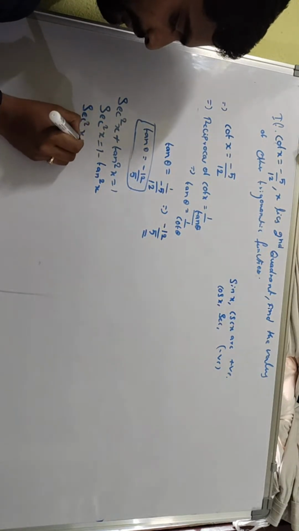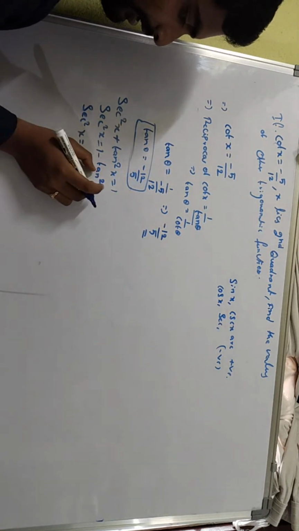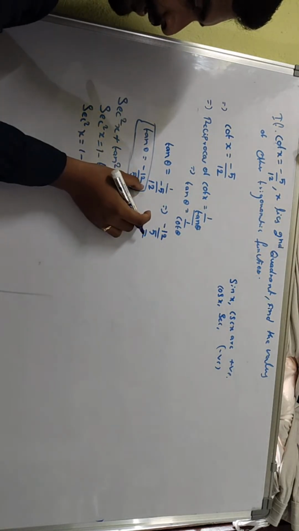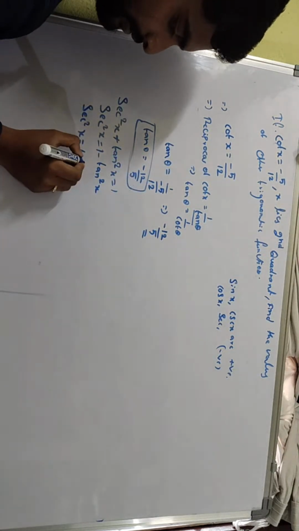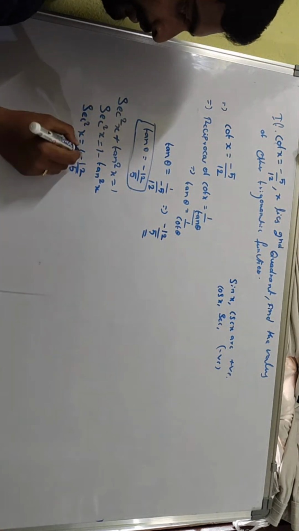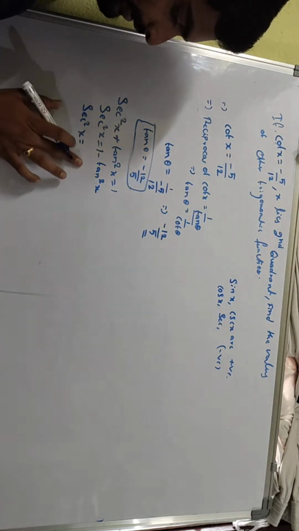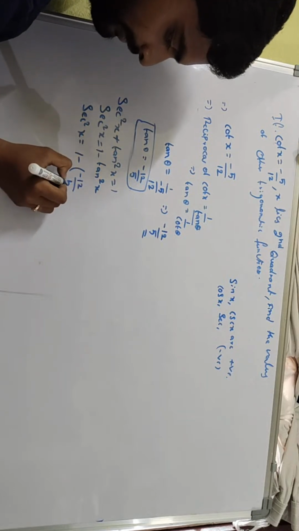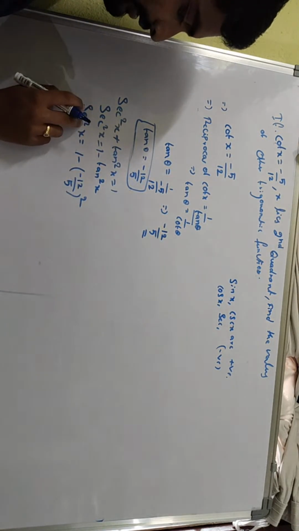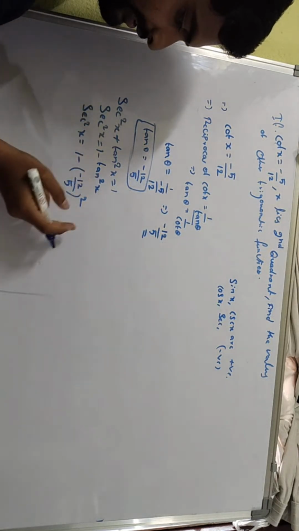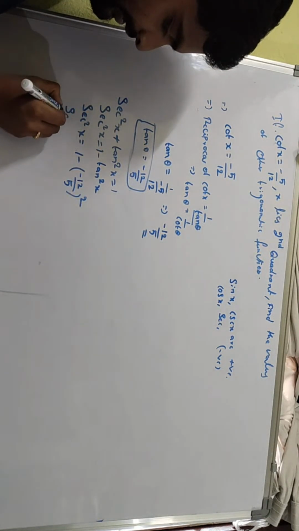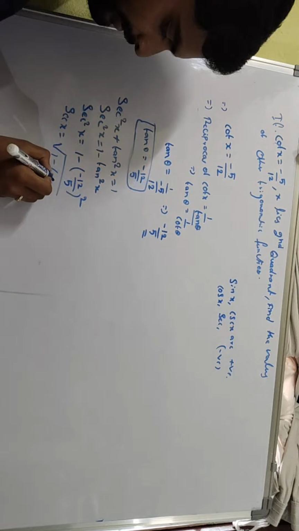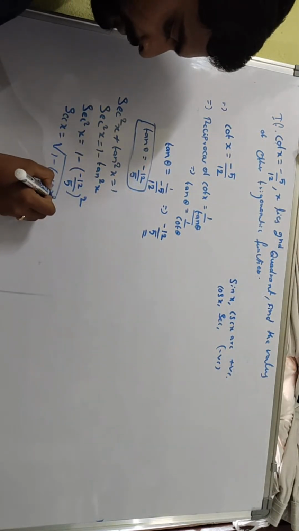Secant square x is equal to 1 minus, with tan x being 12 by 5, 1 minus 12 by 5 whole square. Taking the square root, secant x is equal to the square root of 1 minus 12 by 5 whole square.